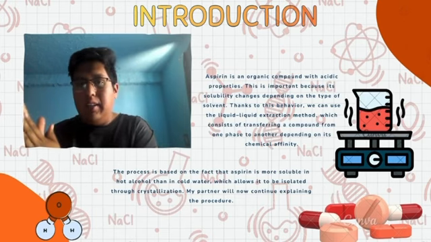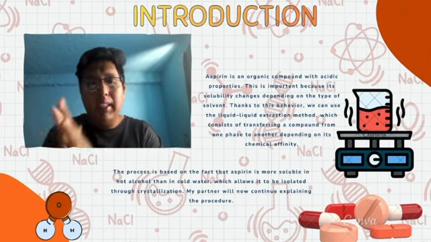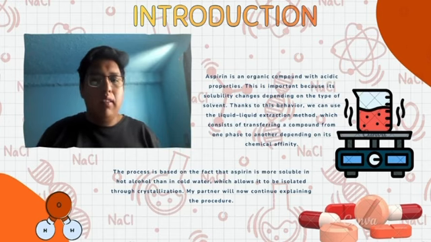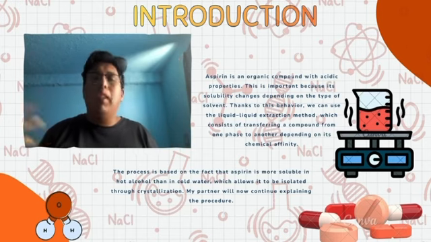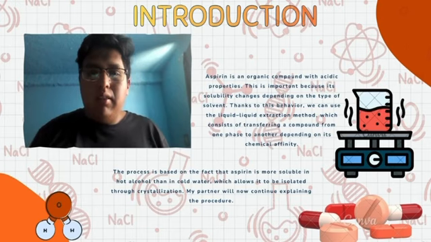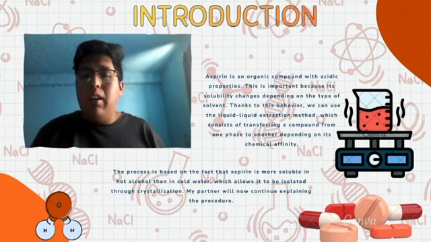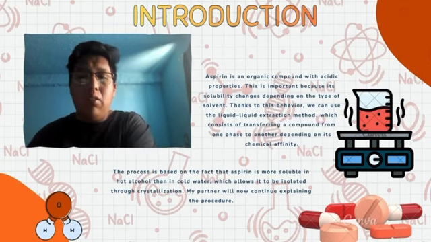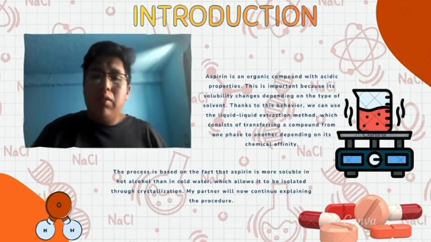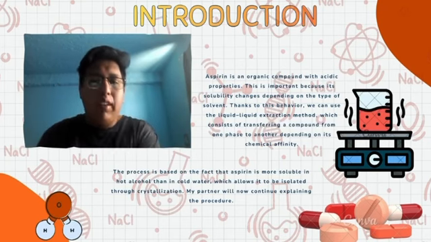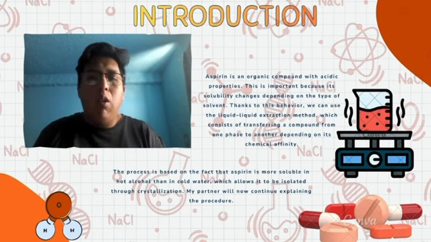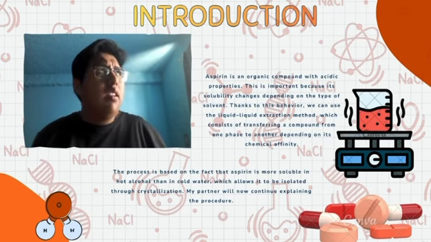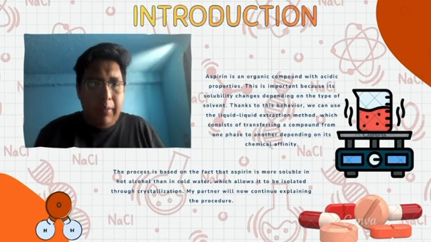Aspirin is an organic compound with an acid group. This is important because solubility depends on the type of solvent. Thanks to this behavior, we can use the liquid extraction method, which consists of transferring a compound from one phase to another depending on its chemical affinity.